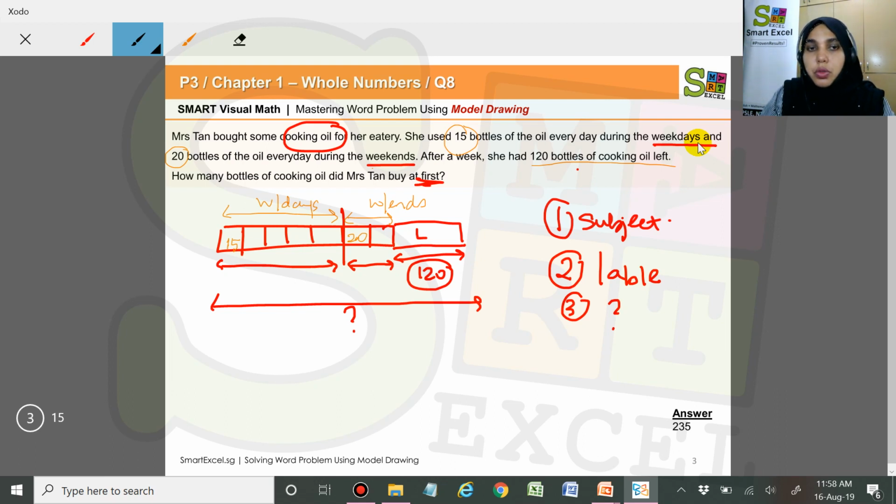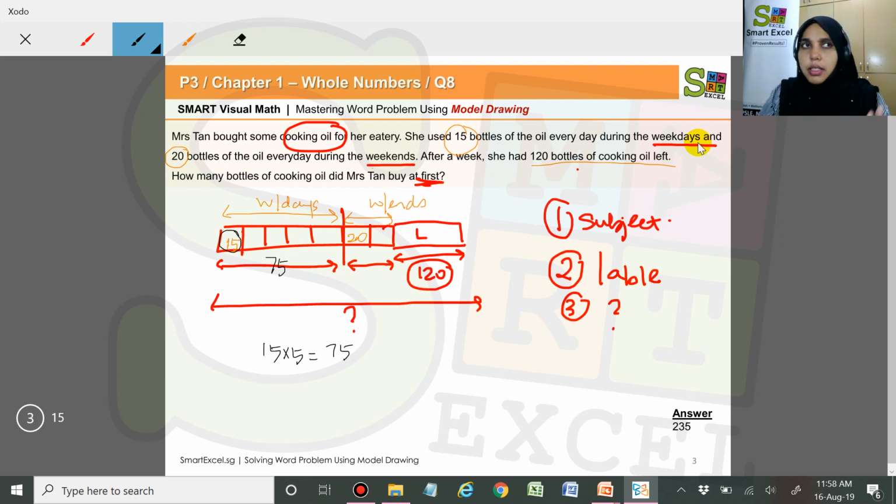So first, we know we need to find the weekdays, right? For the weekdays, we know one box here is 15, so there are 5 days. So 15 times 5, which will give you 75. Okay, so we insert 75 here. Get them to update the model so that it's very clear for them, it will be easier to understand.